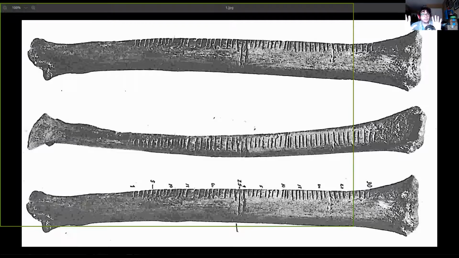You can actually count in binary on your fingers. Anybody know how to do it? So I can show you. So it's like this. 0, 1, 2, 3, 4, 5, 6, 7, 8, 9, 10, 11, 12, 13, 14, 15, 16, 17, 18, 19, 20, and keep going and going and going.